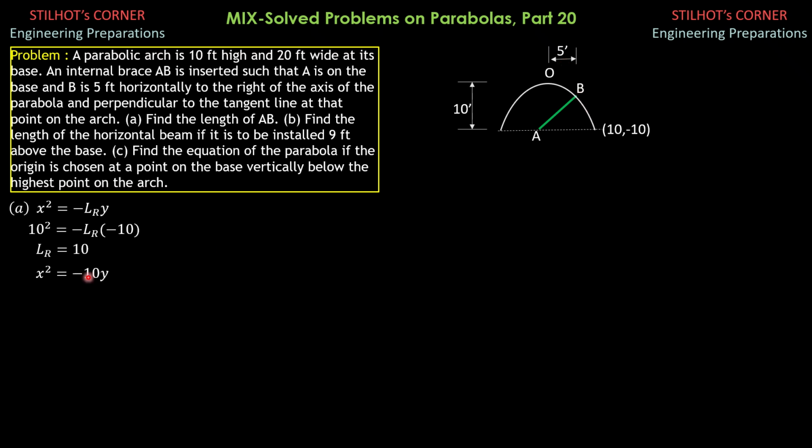So we substitute it into this equation. 5 squared equals negative 10 times YB. So YB is negative 2.5 feet. So the vertical distance of AB can now be found. It is 10 minus 2.5, so this is 7.5.